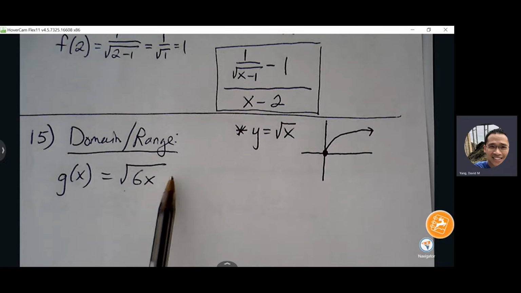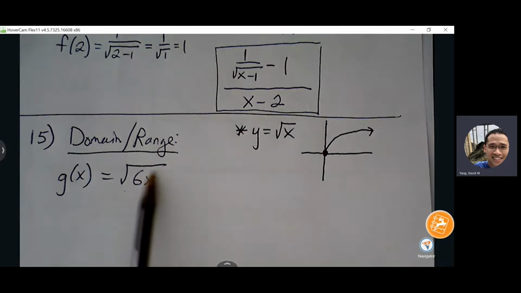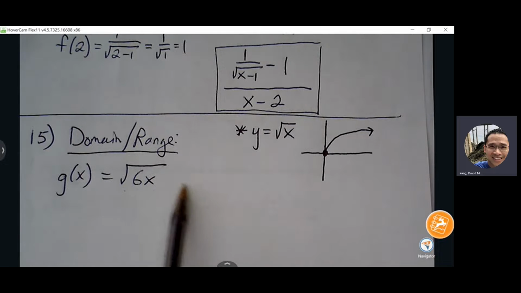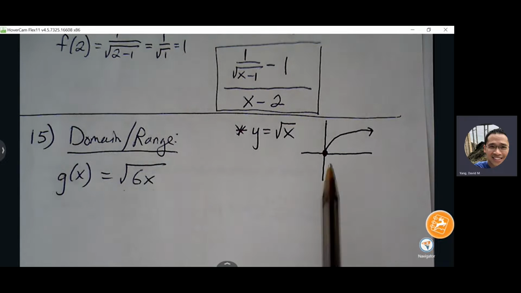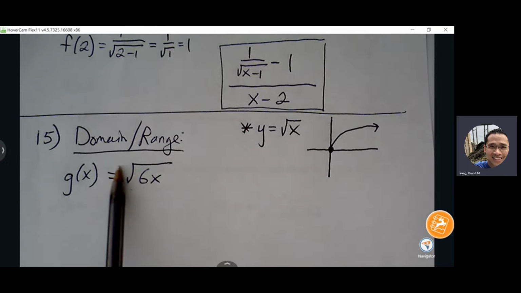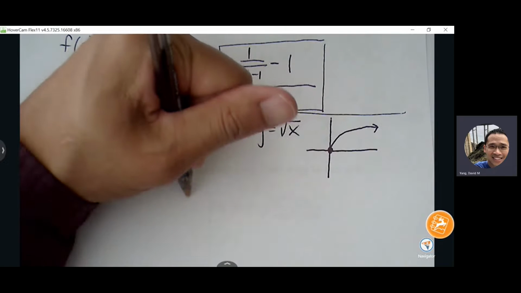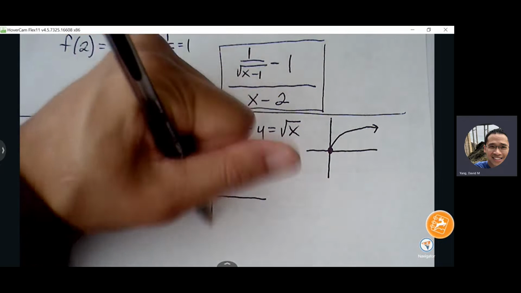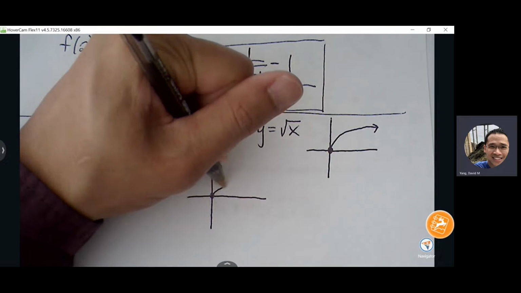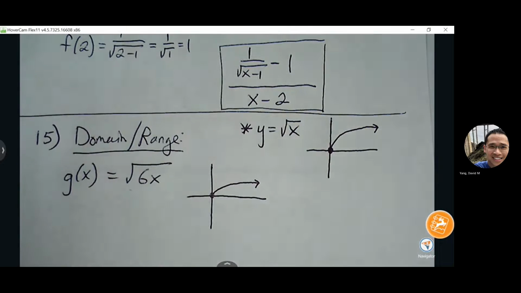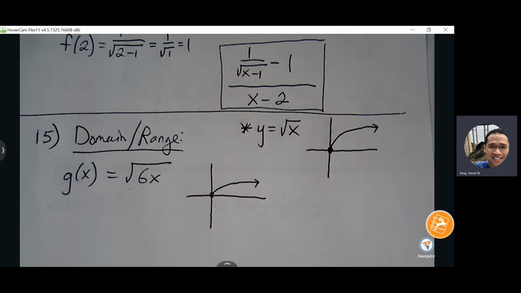There's no plus or minus inside or outside the square root, so the graph is not going to move in terms of its starting point. And there's no negative in front of the square root, so there's no reflection. So the graph is going to look a lot like this graph, maybe a little bit wider. We don't have to know the super specifics because that's good enough for us to know what the domain and range is.